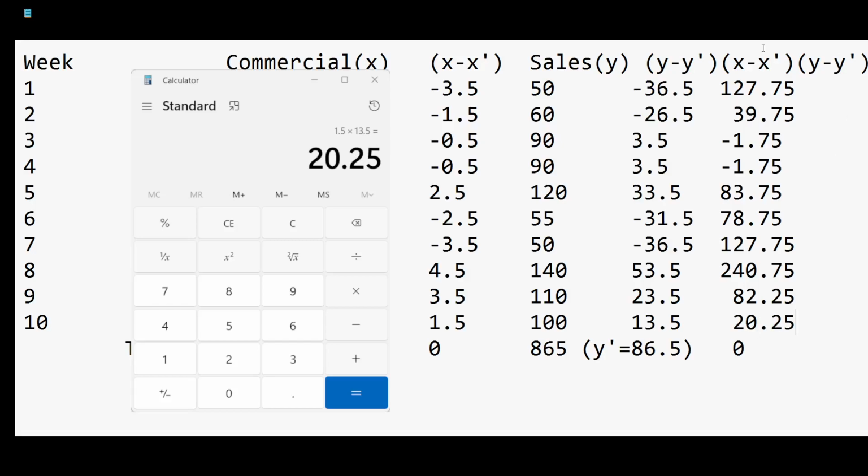Then after this, we are going to add all of this. Okay, so let's add.